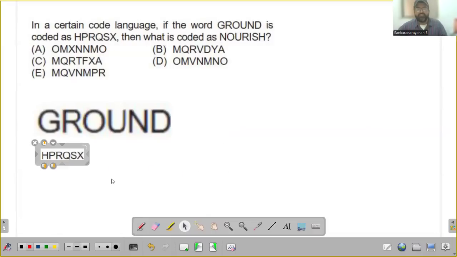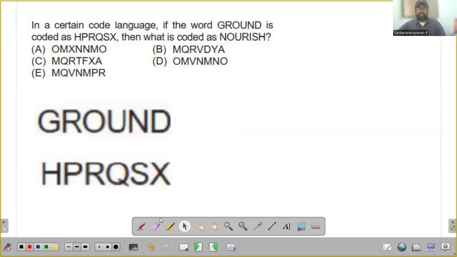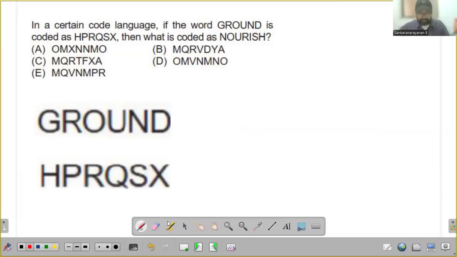See this. So what is the logic here? When you are considering, you can see that it will be GH. Okay. R and P, when you consider it is minus 2. OPQR. So you can consider that it has to be minus 4. When you're coming from top to bottom, it is minus 4.